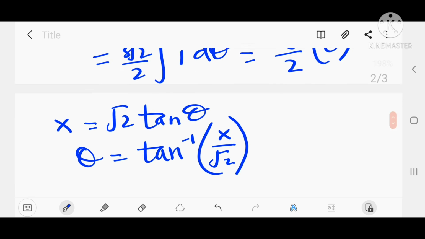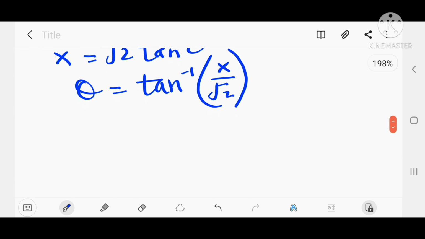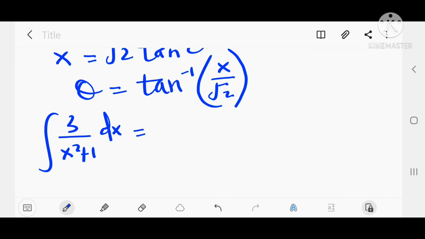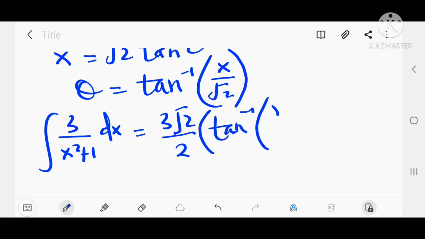We substitute into the equation, so the integral of 3 on x squared plus 2 dx will be equal to 3 root 2 on 2 tan inverse of x on root 2, plus c.